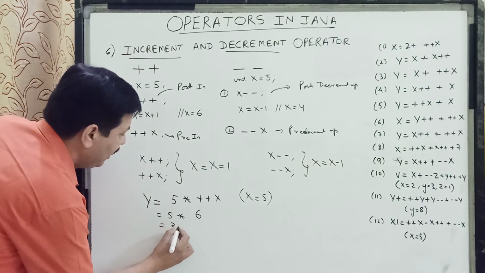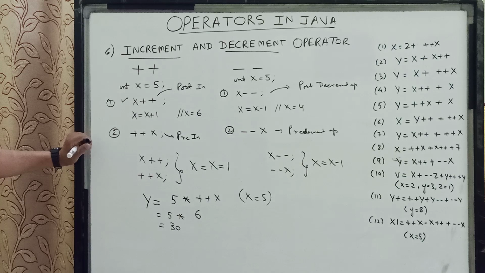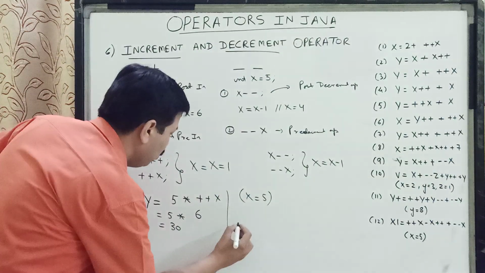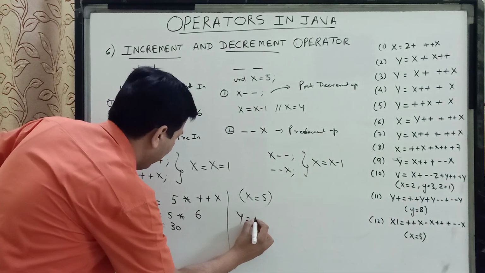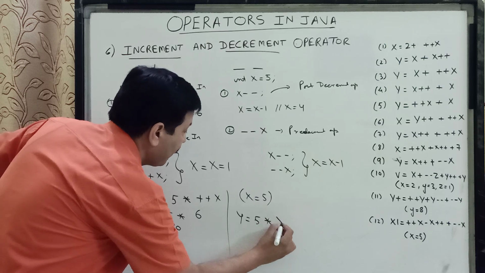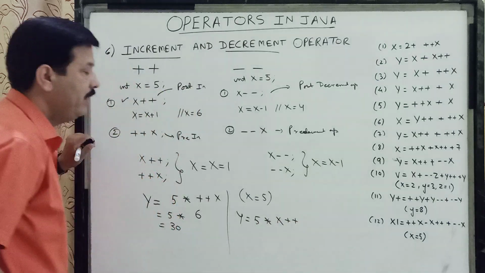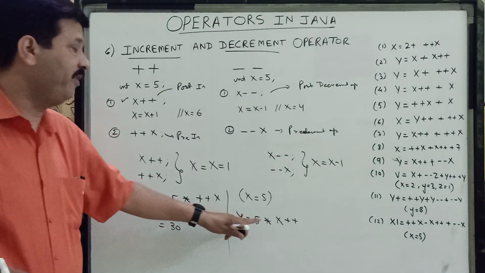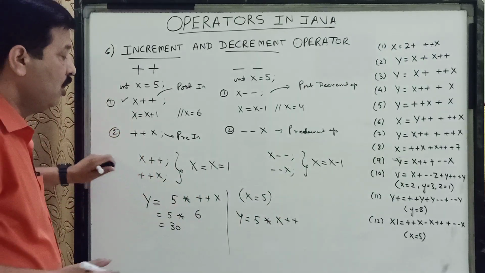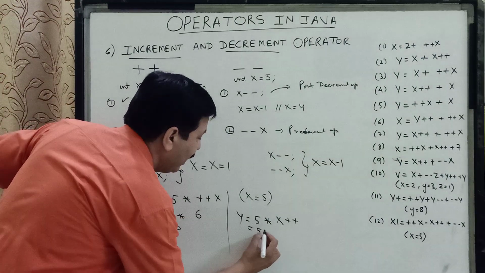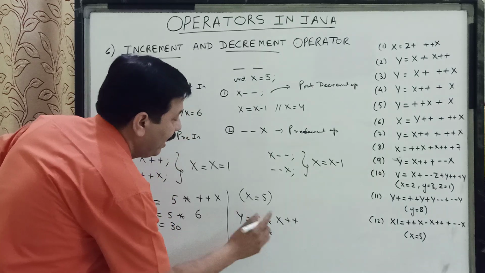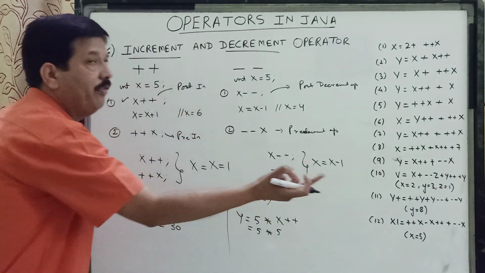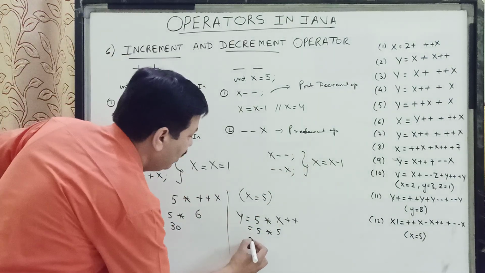So the answer will be 30. And in the same way children, if I use it like this, y is equal to 5 into x plus plus, then this operator first uses its value and then changes its value. So the value becomes over here 5 into 5, since x is 5, so 5 will be used and then its value will be increased, so it will be 25.